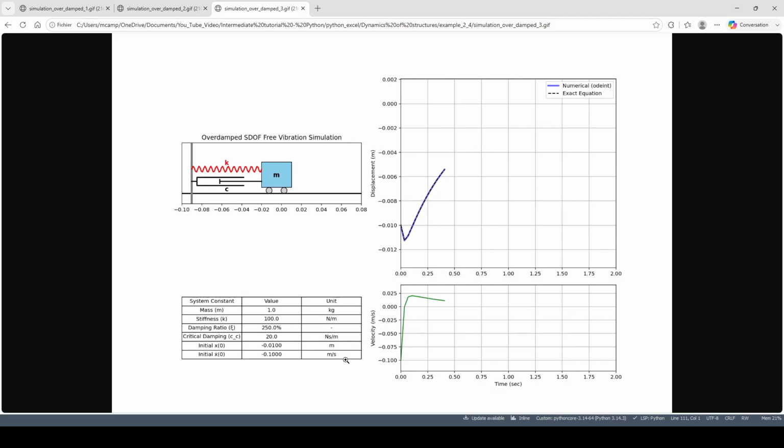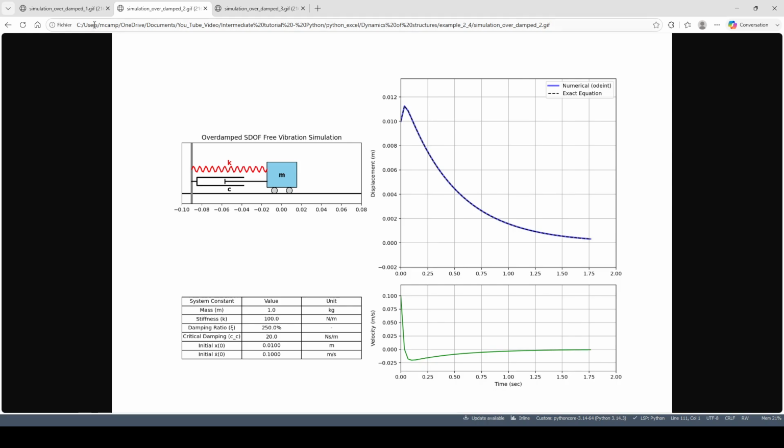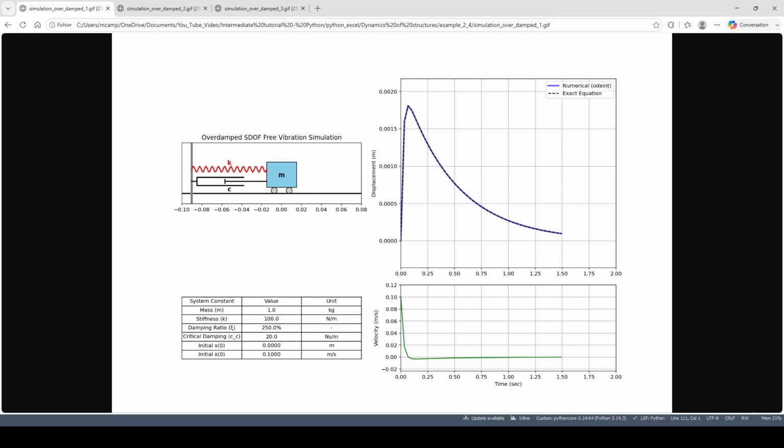Here there is the table where are written the values of mass, stiffness, and damping ratio, and the calculated critical damping. And here the initial conditions of the displacement and velocity. And so is the second, and this is the third. Okay. Thank you. Bye.